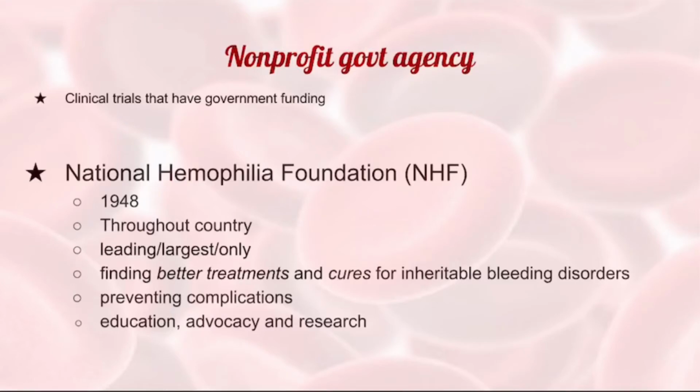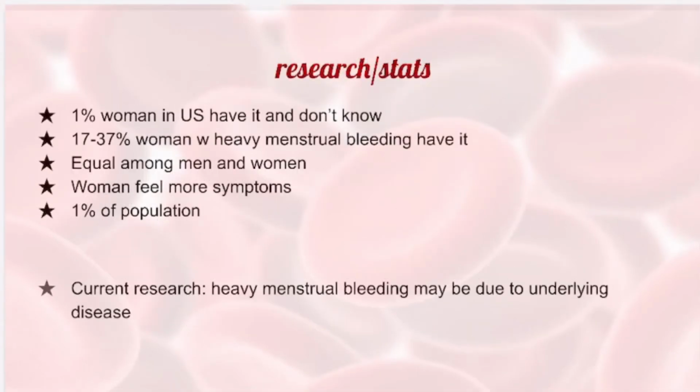Its programs are made possible through the generosity of individuals, corporations, foundations, and the CDC. Current research suggests that many cases of heavy menstrual bleeding might be due to an underlying bleeding disorder, the most common of which is VWD. A 2002 CDC study of obstetricians and gynecologists in Georgia found that only 4% of the doctors who responded would have considered VWD as a possible cause of heavy menstrual bleeding.